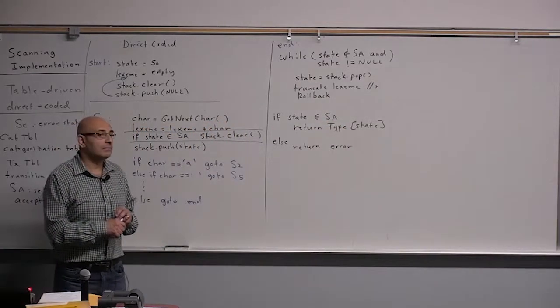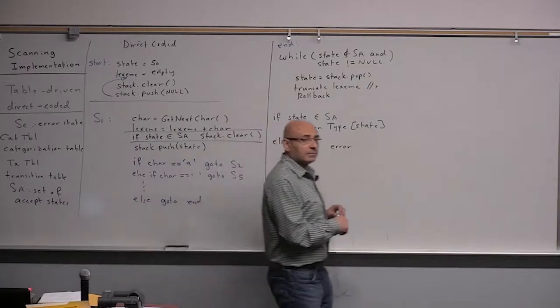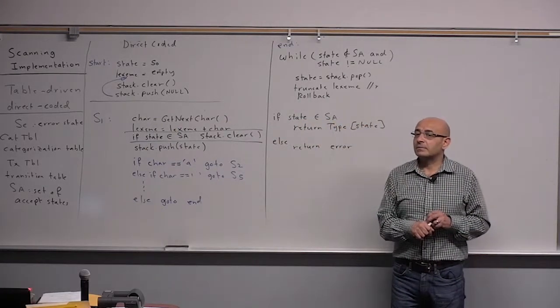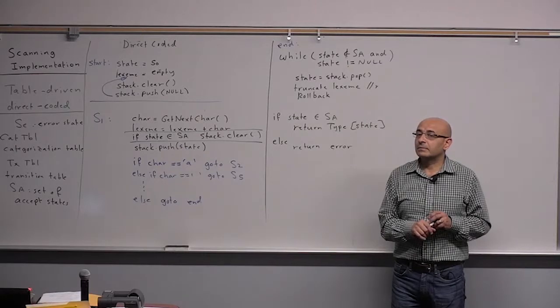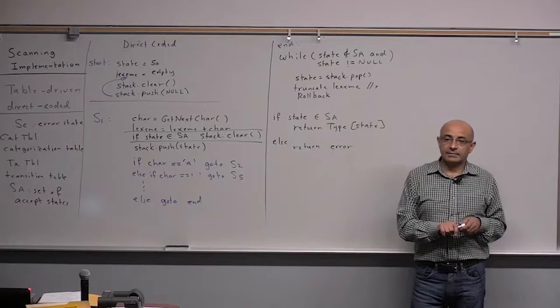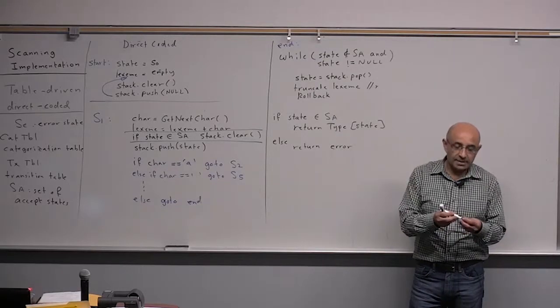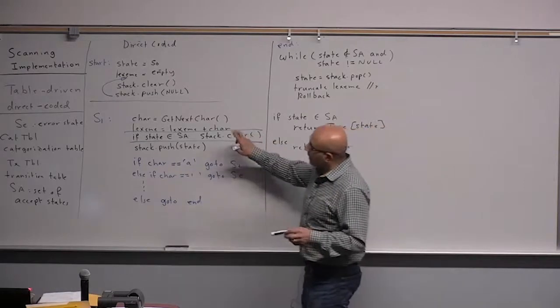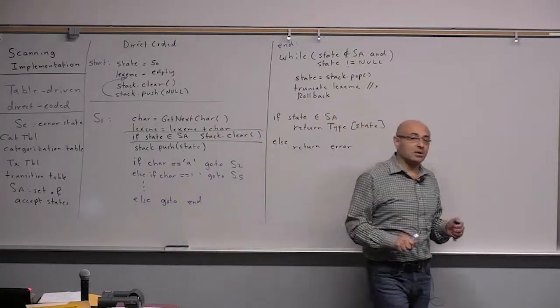One thing I want to point out, though, is that the direct-coded is only for the one language, but with table-driven, just by changing the tables, you can use the same code to scan any language. Yes, that's true. So you are encoding the language within the code, but again, it's automatically generated.